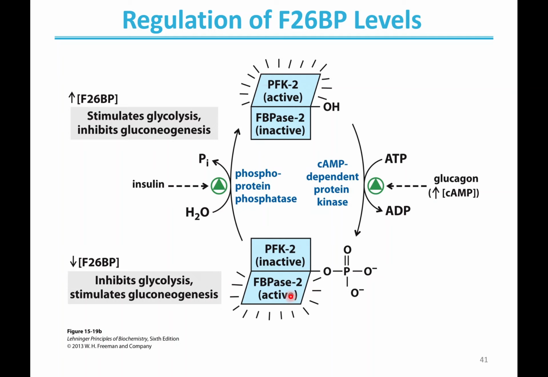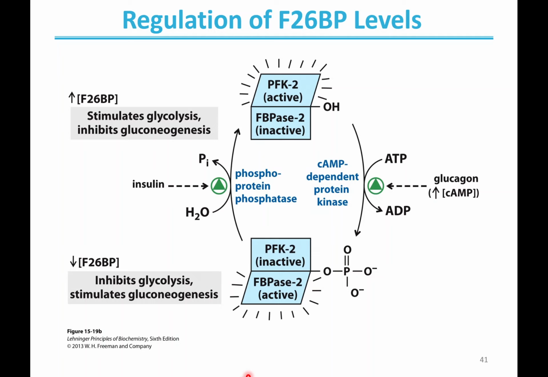So glucagon and also cyclic AMP concentrations will turn on the phosphatase activity. When the phosphatase is active, you'll get a drop in the fructose 2,6-bisphosphate concentration, which inhibits glycolysis and stimulates gluconeogenesis.